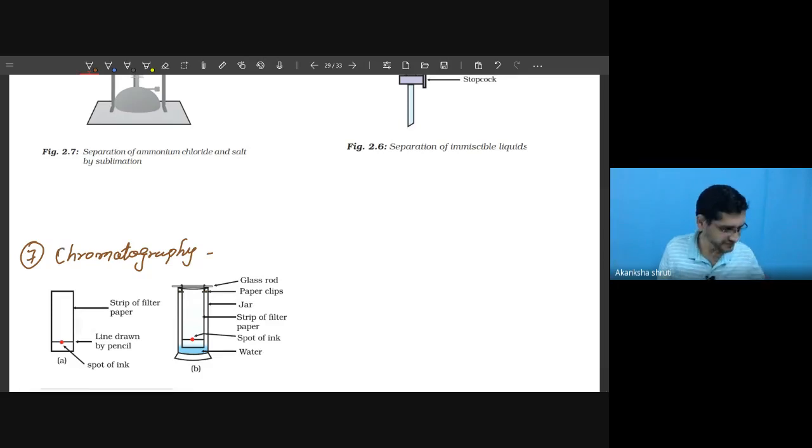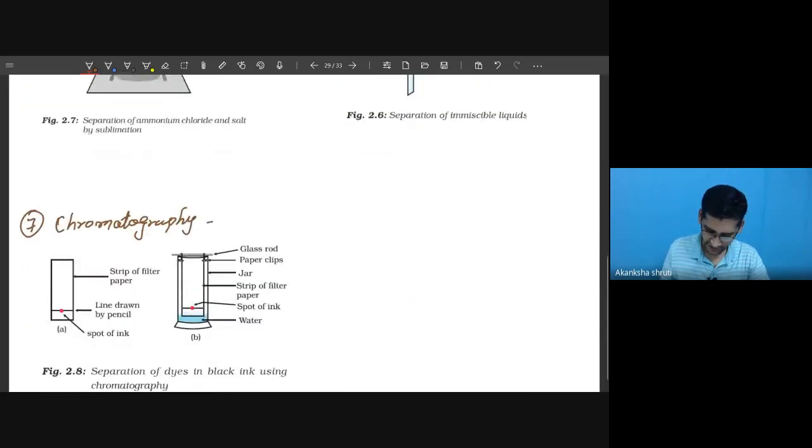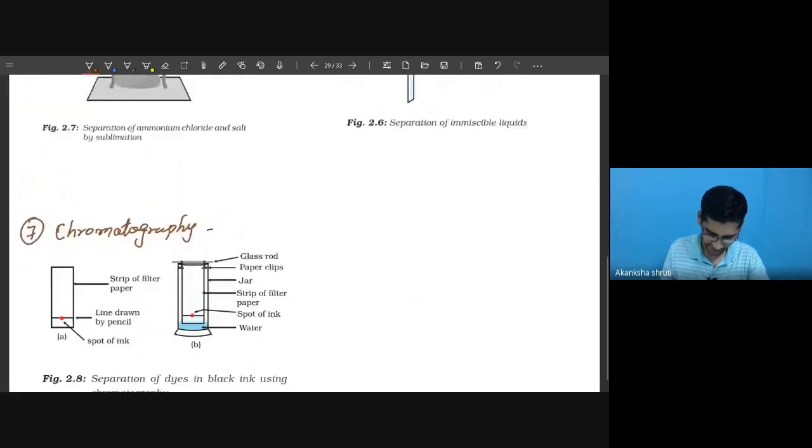Students, what does this figure represent, and what are the principles of this? We are going to learn all these things in more detail. So let us start with sublimation. What is sublimation?